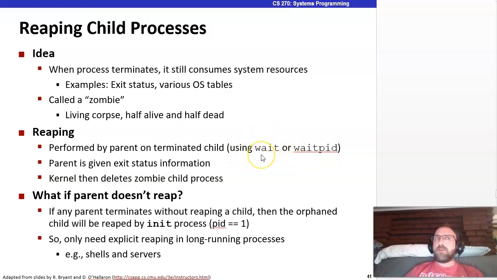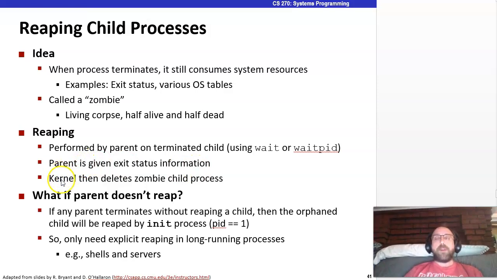Also, you might think, why is it called wait? Well, if the parent calls wait or waitpid and the child hasn't terminated yet, then it will do exactly what it says and wait for that to happen. And once that happens, once the parent is given the exit status information, that's really the main reason we're still keeping the process around.